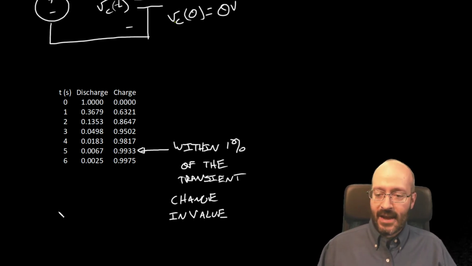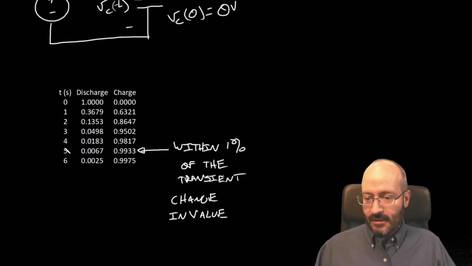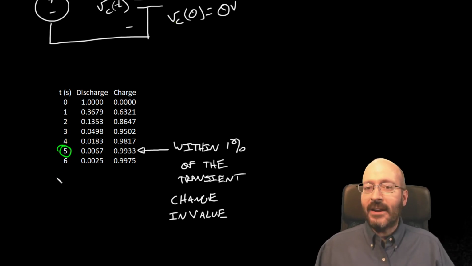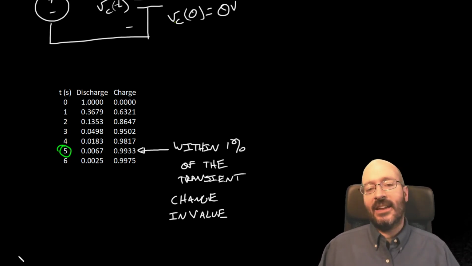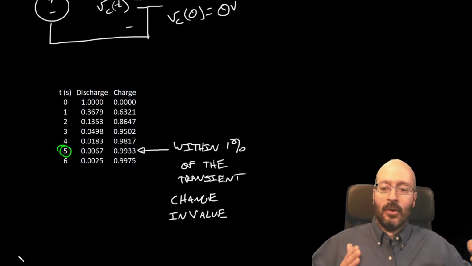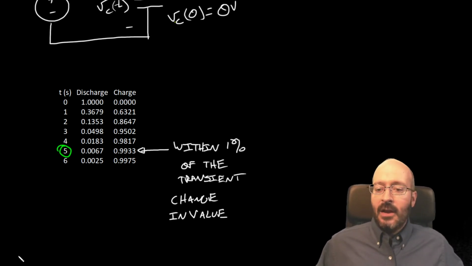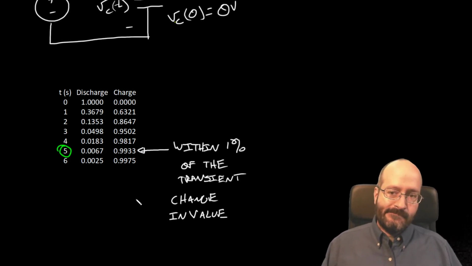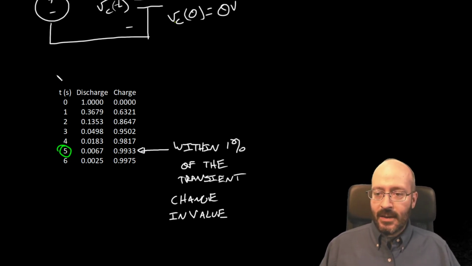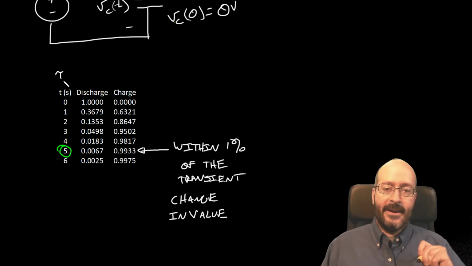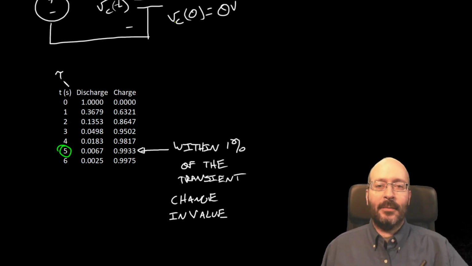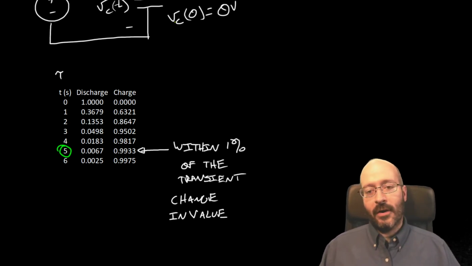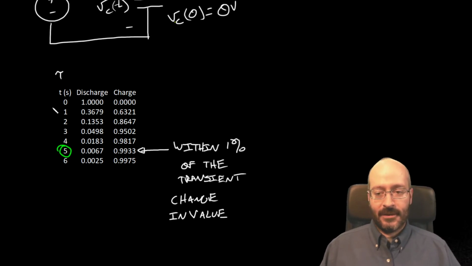So 5 tau is something that we by convention use to say, hey, we're done with the transient. That's how long it's taken. All of that comes from R times C for an RC circuit, and it comes from L over R for an RL circuit.